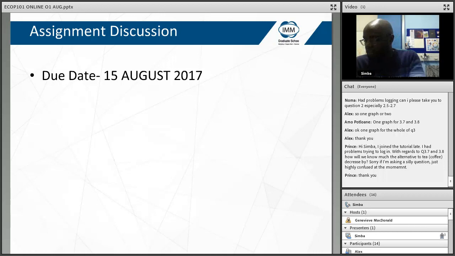You can use the diagram on page 84, which shows the change in demand, but we need to show it on the same graph because the question says on the same graph.